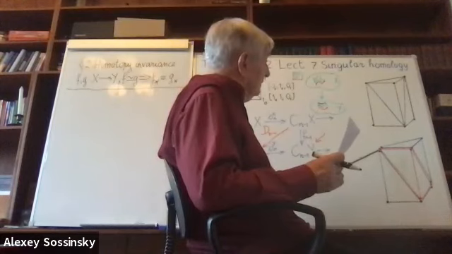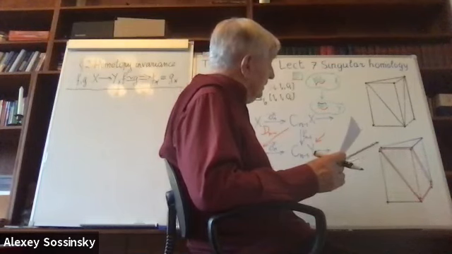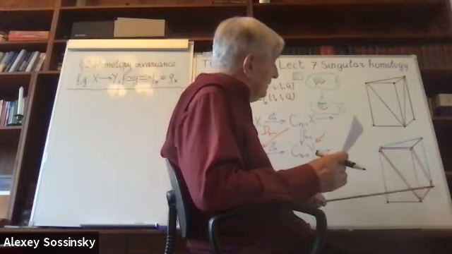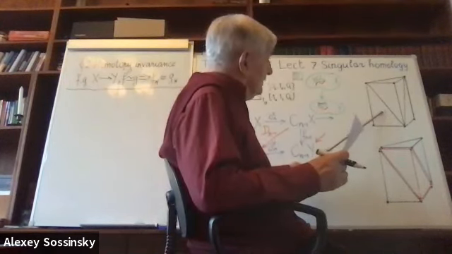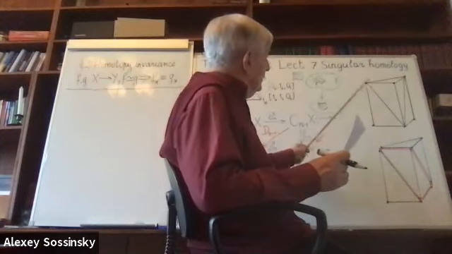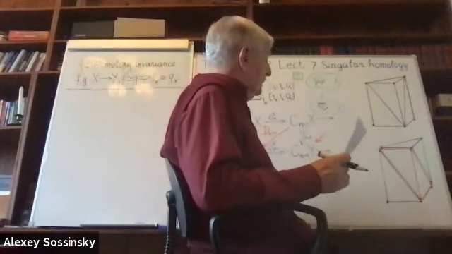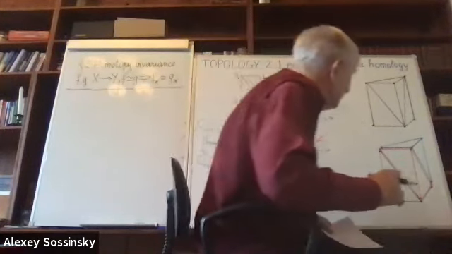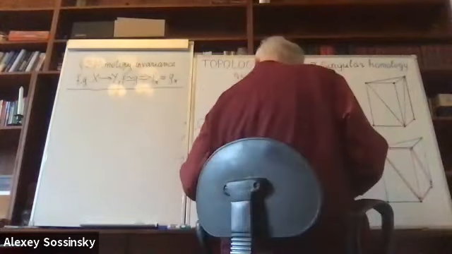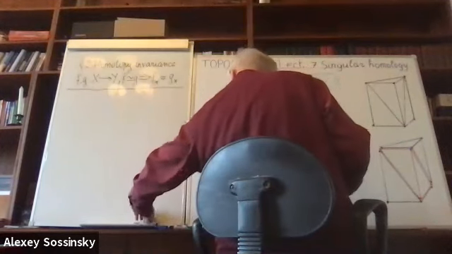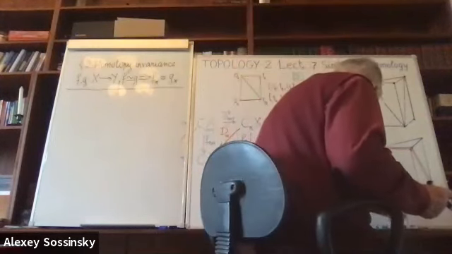So this is one in the middle, it's in red. This one is the one that has this face. And finally, in blue, you have the simplex. It goes like that. Let me write out the names of the vertices and the names of the simplices.